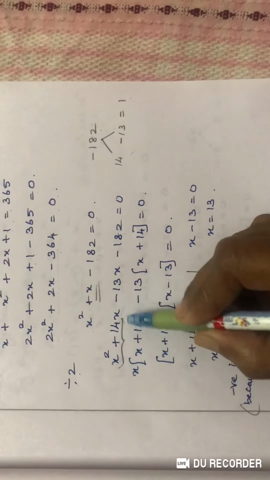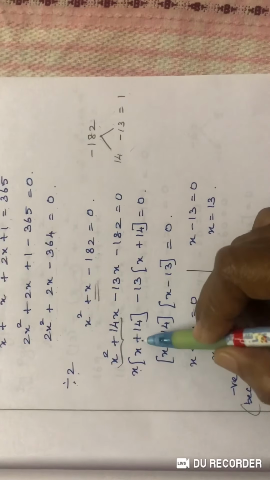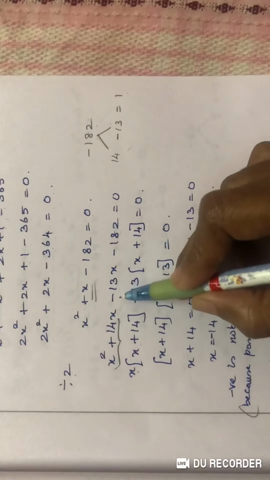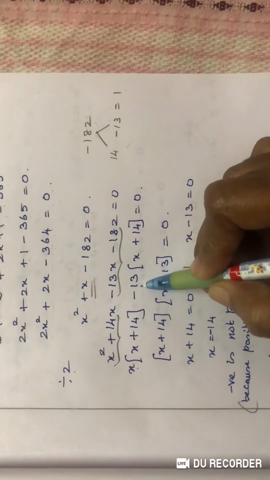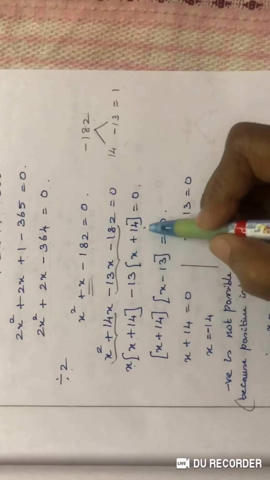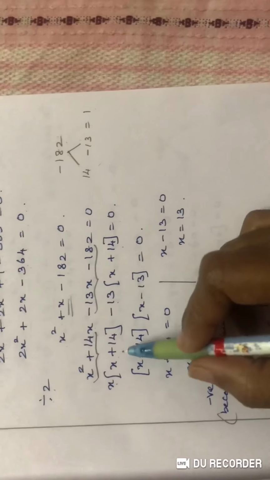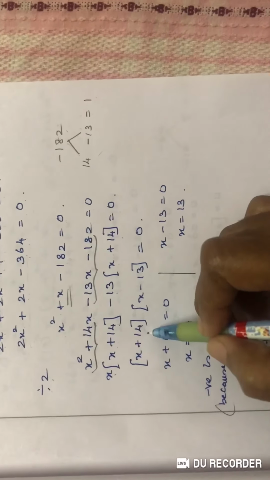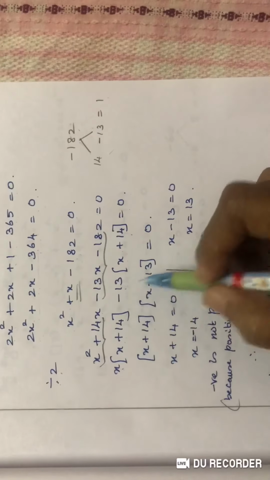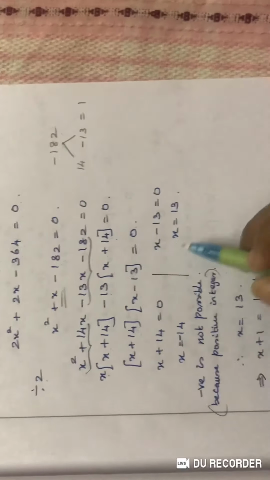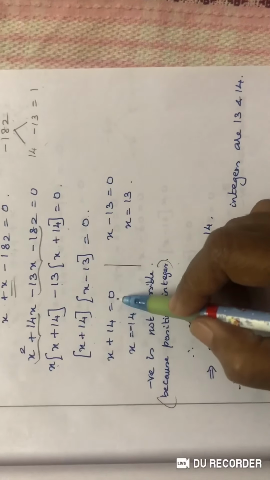From the first two terms, I am taking x as common, the rest of the term is x plus 14. From the next two terms, I am taking minus 13 as common, so x plus 14. Taking x plus 14 as common, the rest of the term is x minus 13 equal to 0. First part, x plus 14 equal to 0, so x is equal to minus 14.